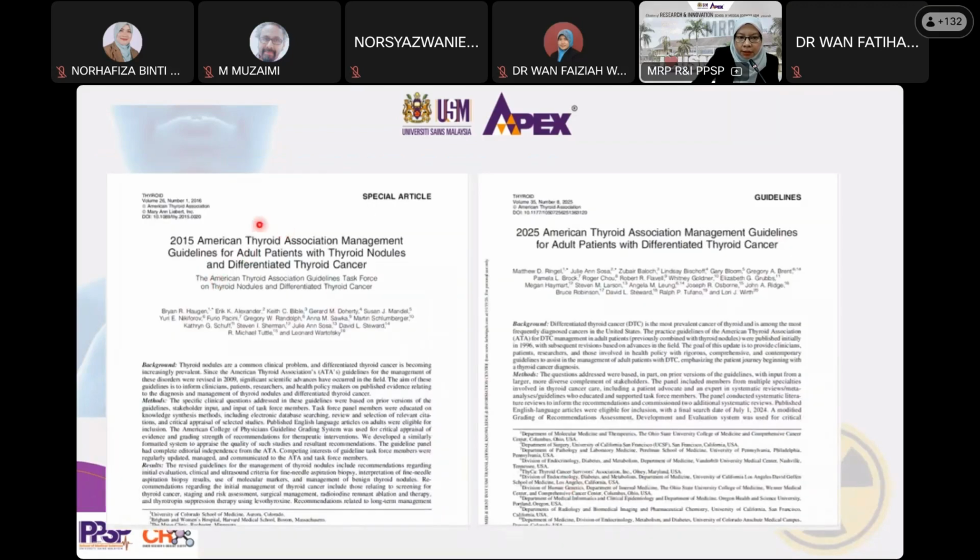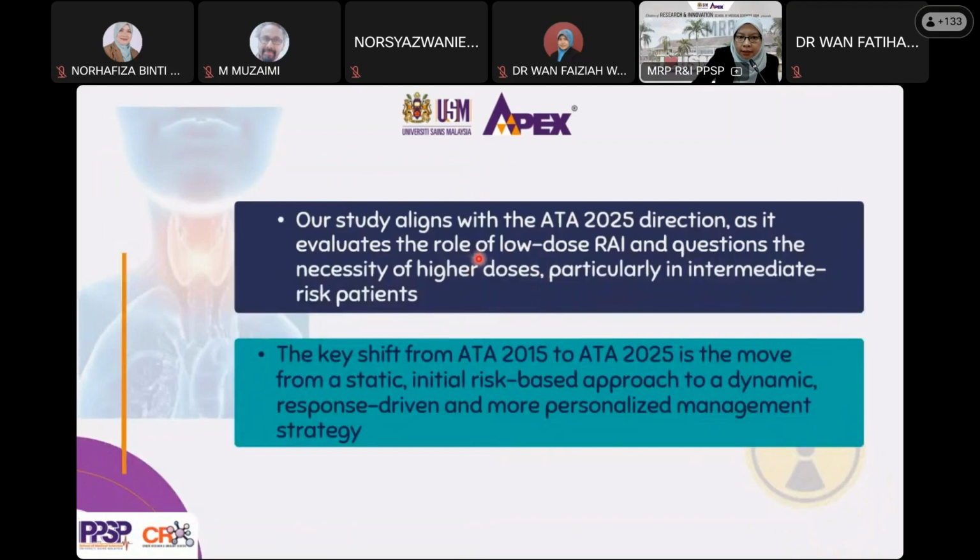So our study is based on the ATA guideline in 2015. The ATA guideline already produced a new guideline in 2025. So actually our study is aligned with the ATA 2025 direction as it evaluates the role of low dose RI and questions the necessity of higher dose, particularly in intermediate risk.